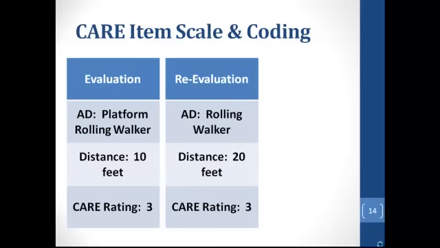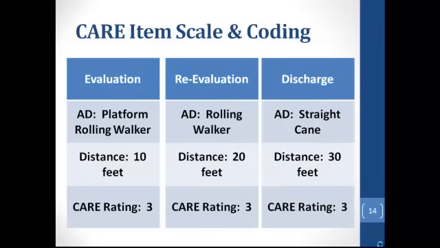The patient still requires less than 50% assistance to ambulate 20 feet safely. At discharge to home health therapy, the patient is ambulating with a straight cane for 30 feet, but still requires less than 50% assistance to complete the distance safely. So as you can see, there have been changes in the patient's performance, but the care rating is still a 3 all the way through.